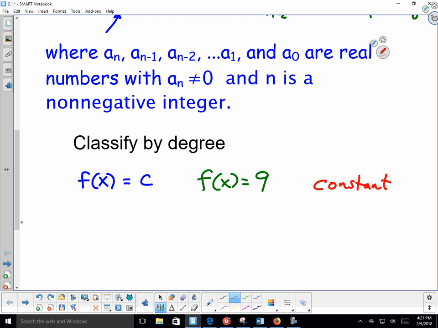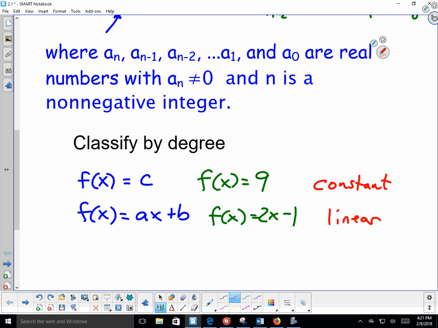What if we had f of x equaling some number times x plus another number? An example of that might be f of x equaling 2x minus 1. That would be an example of a linear function, degree 1. So this is a degree 0, that's a constant function. This is a degree 1.